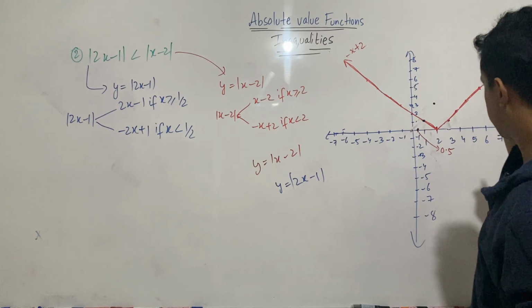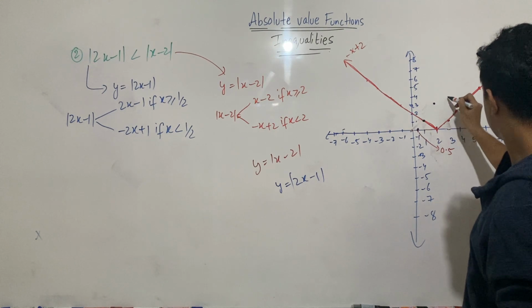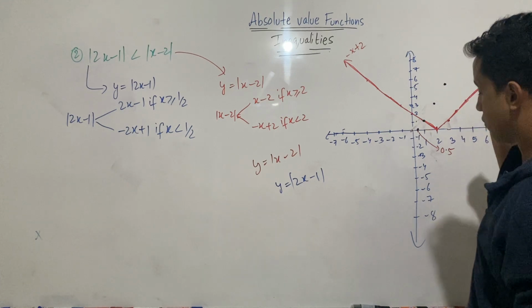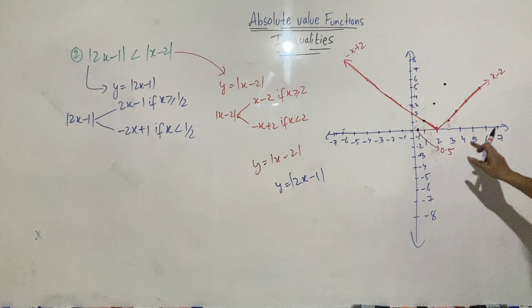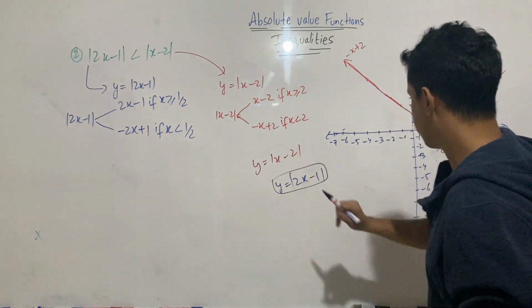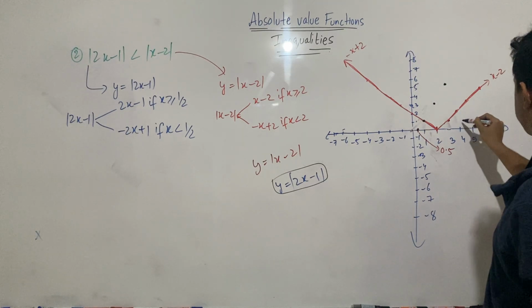For 3, it's going to be 5. And for 4, it's going to be 7.